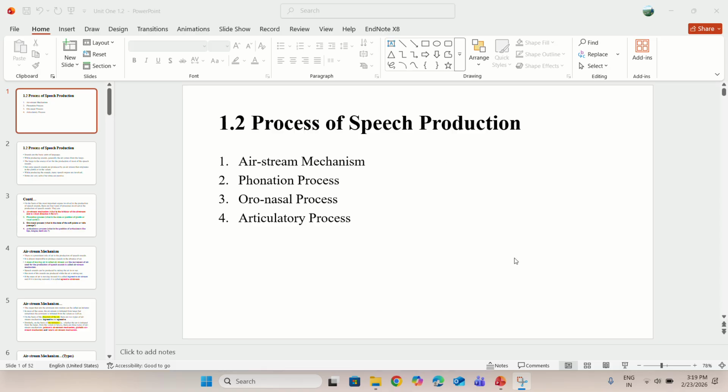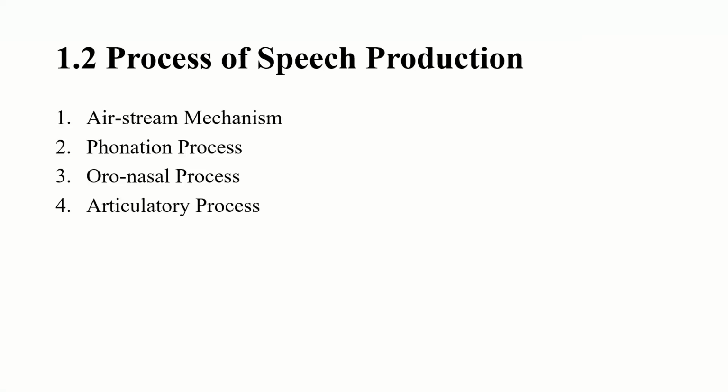Talking about the process of speech production, there are mainly four processes: air stream mechanism, phonation process, oronasal process, and articulatory process. In my previous video, I discussed the air stream mechanism. So today I am going to talk about the phonation process, oronasal process, and articulatory process one by one.